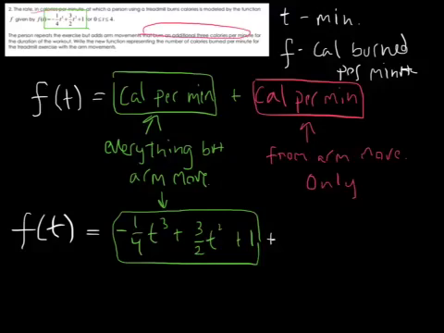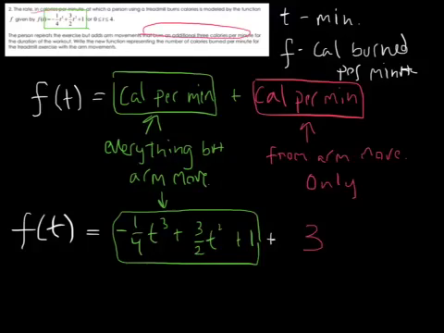Think carefully. What you should come to the conclusion is that if I burn 4 calories per minute without the arm movements, I should be burning an additional 3, so I should add 3. Now you want to be careful, it might be tempting to say that I'm burning 3 times t, but that's incorrect because all we're doing is adding an additional 3 to however many I was burning before.